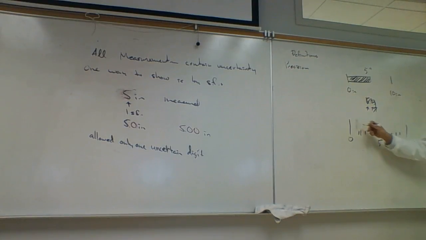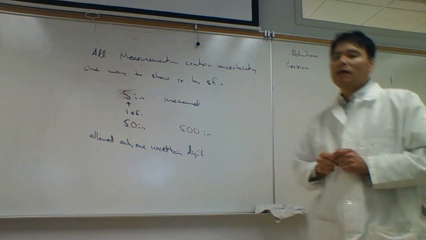Now I look at the object here, and the object seems to line up right on the line of the 5 inches. And so what should I say? Should I say that's exactly 5 inches because it lined up right on that? No, if it's exact, then it'd be an infinite number of sig figs. In this case, I'm going to guess. Because what could it be?